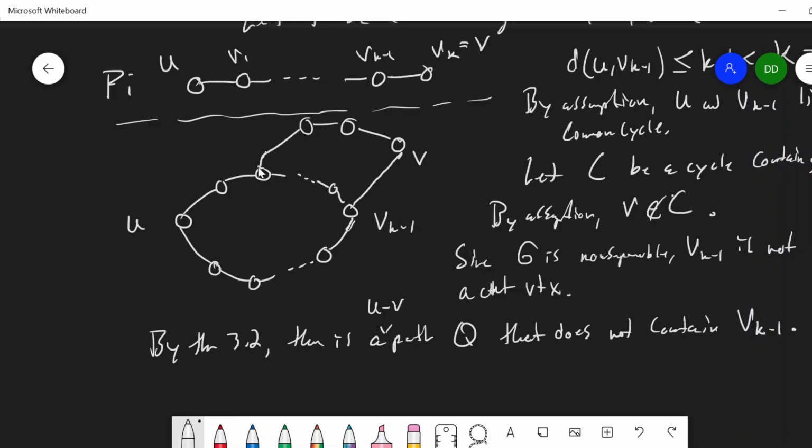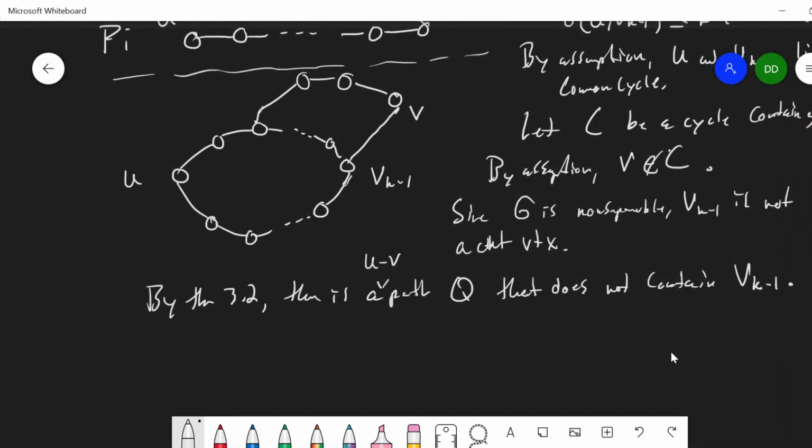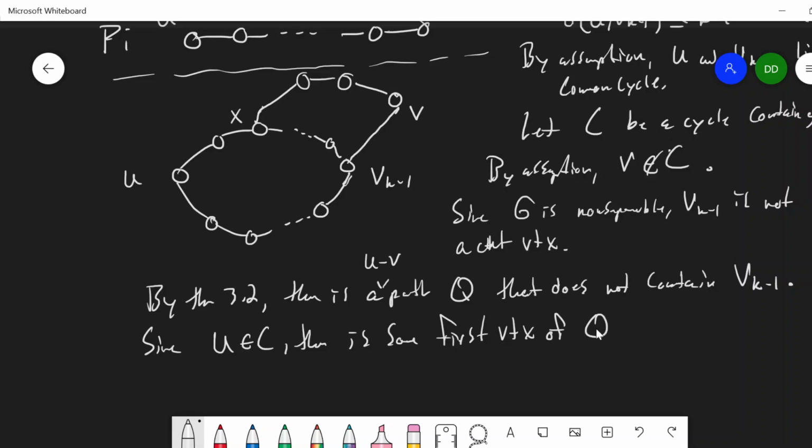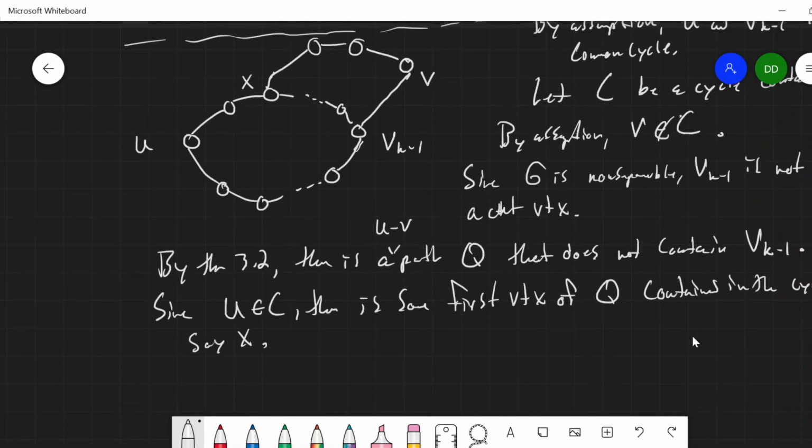So let's say this one, and we're going to call that X. So I'll say since U is on the cycle, there is some first vertex of Q contained in the cycle, say x. So we're calling that x. And now we have our cycle containing u and v.